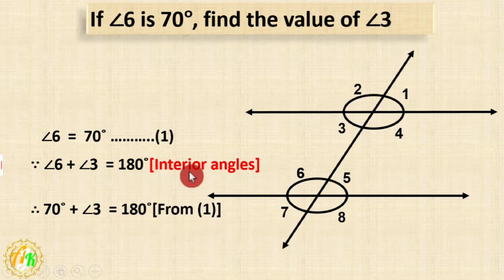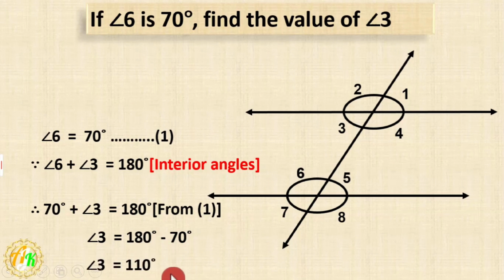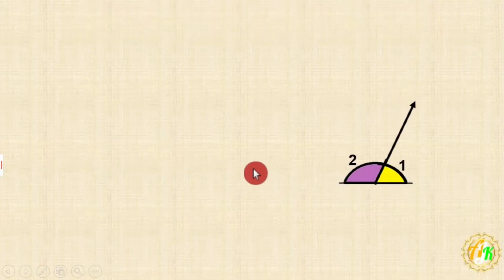It's from equation 1. Angle 6 value is 70 degree, we have taken from 1. Now after going from left to right, 70 degree becomes negative minus 70 degree. Now after subtracting 180 minus 70, we obtain 110 degree.